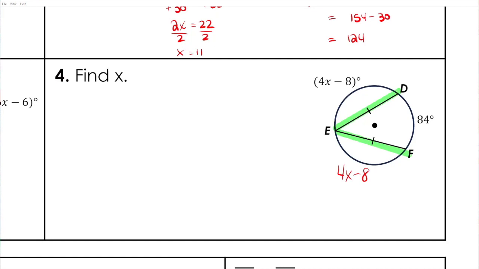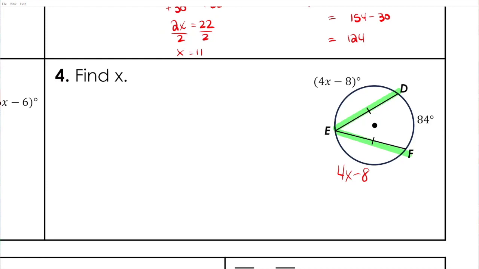Now, we cannot just set them equal to one another because what that does is create infinite solutions because at any point, a number is always equal to itself. So we can't just say 4x minus 8 equals 4x minus 8 because that's always true and that's not going to solve for us for x.